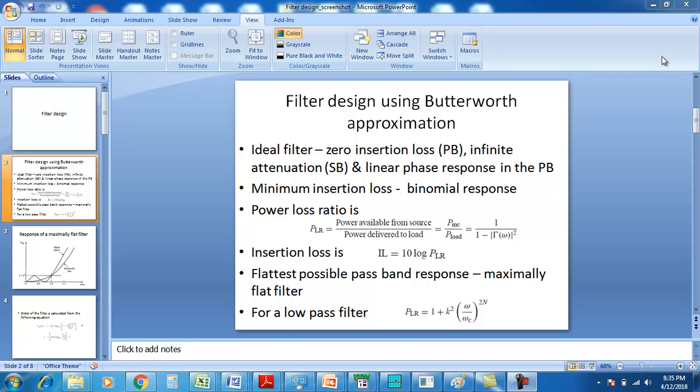Now, the maximally flat filter means it has the flattest possible passband response.